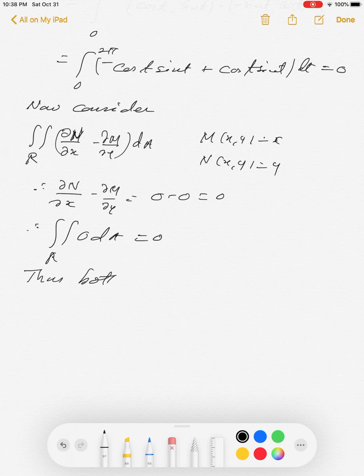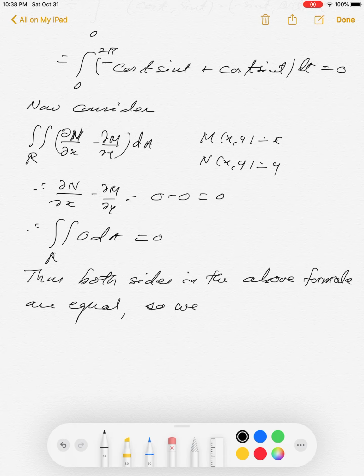Therefore the double integral of 0 dA is just 0. Thus both sides in the above formula are equal. So we have verified Green's theorem.